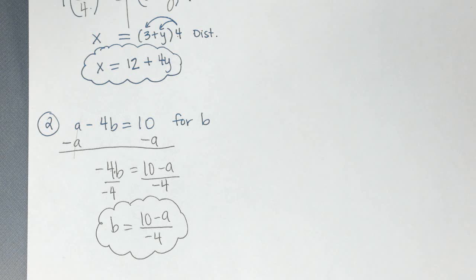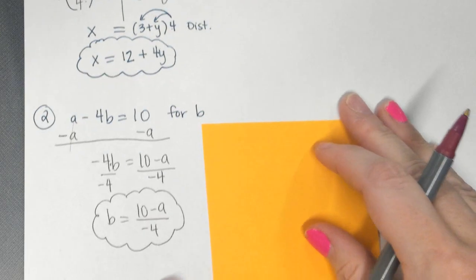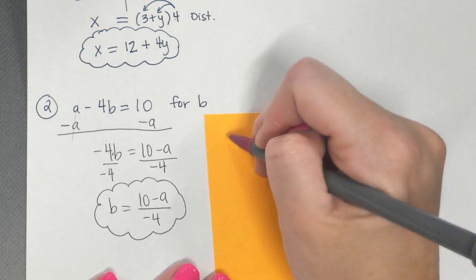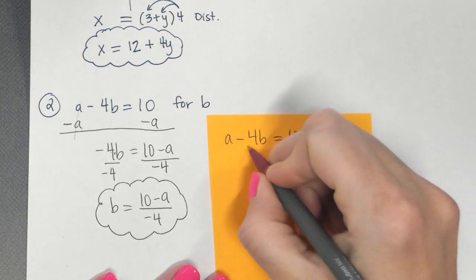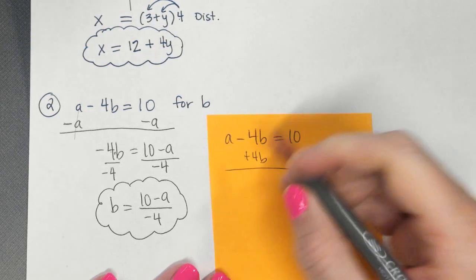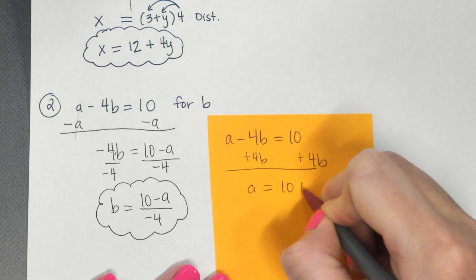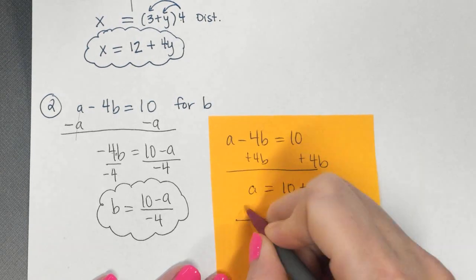Okay, and then Keith, you said that you added the 4b over, right? Did anybody add the 4b? You did? Okay, well, because I said to add, you can do it like that. That's why I want to show you. So if you're solving for b and you don't like that negative, you can add it to this side first. You would get a equals 10 plus 4b, and then you'd have to subtract 10 from both sides.